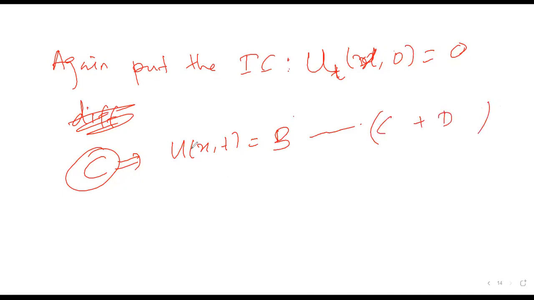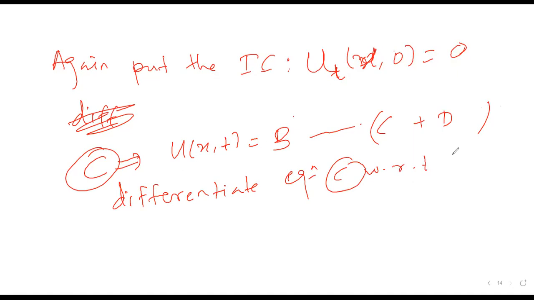But actually we have u_t, so if you wanted to put this one, you have to differentiate this entire equation with respect to t. So now write down: differentiate equation number C with respect to time t. Okay, can you do that?